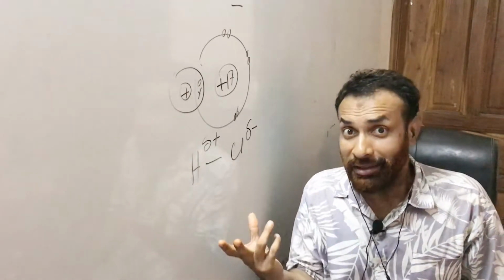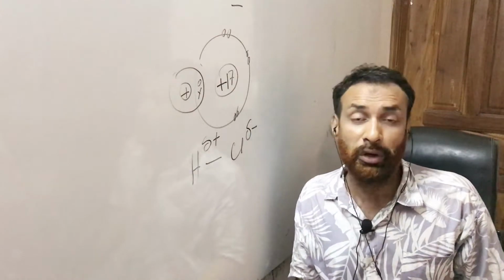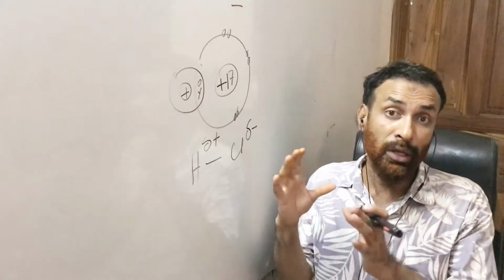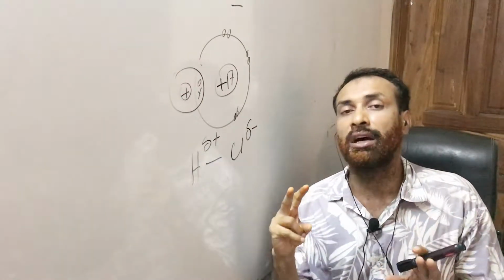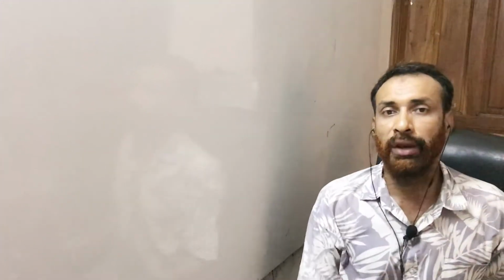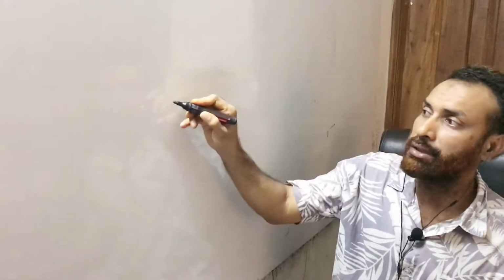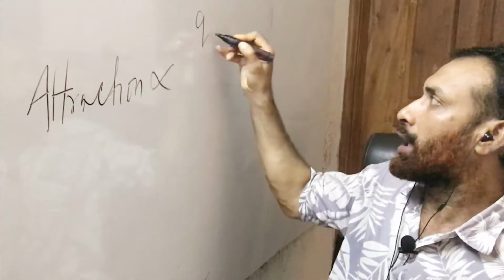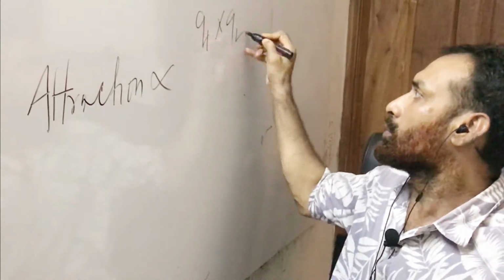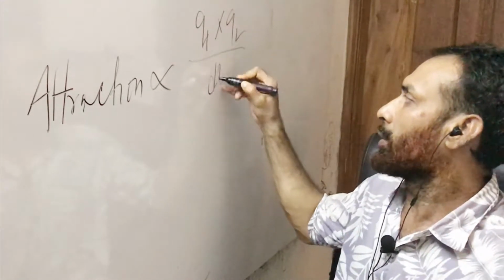And the other thing, nuclear charge: what would happen to the nuclear charge? The nuclear charge also increases down the group. So these two pieces of information are contradictory. If you know the relation between attraction, charges and sizes, then you can be sure. Look at this, attraction depends on Q1 times Q2, over D squared.